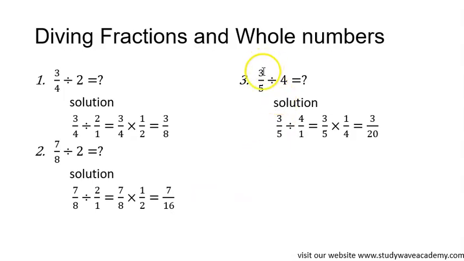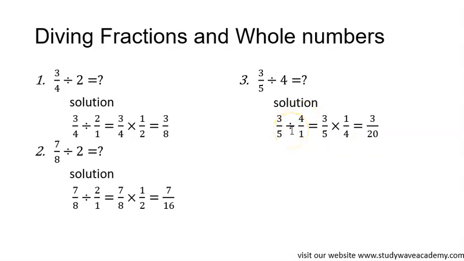Let's look at another question. 3 over 5 divided by 4 is going to give you what? What do we do first? Can you solve this? We make the whole number into a fraction by putting 1 over it, right? So we have 3 over 5 divided by 4 over 1. Now that we have made the whole number into a fraction, what do we do next? The numerator goes down and the denominator goes up.